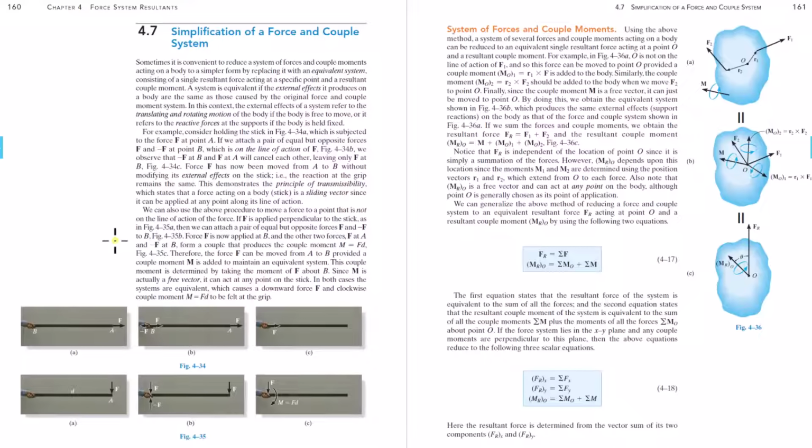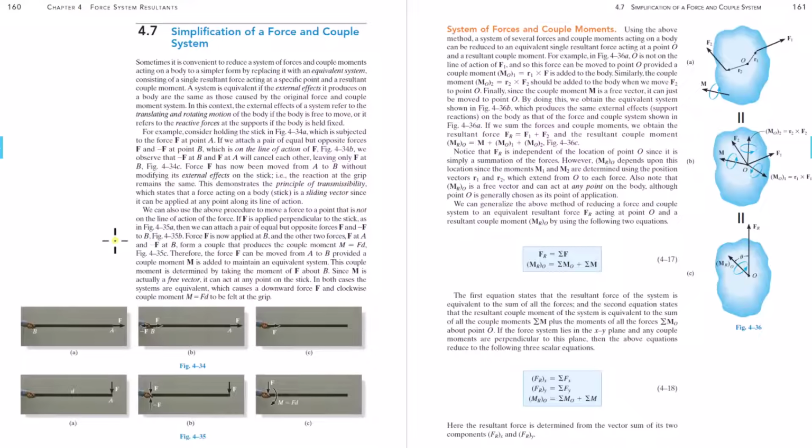But that was for these specific particle equilibrium problems. We didn't really expand on that. We haven't looked at what if you have a bunch of forces that meet at a point, but also moments? So we haven't really established what the exact rules are.